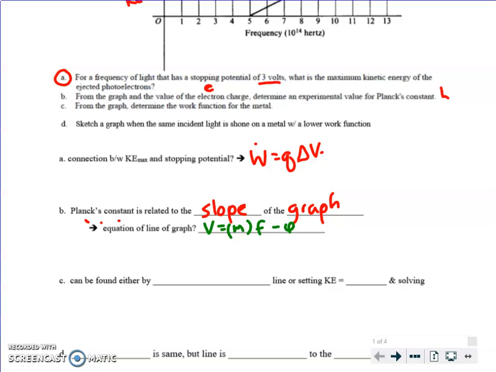So all you have to do is take this relationship and couple it with the kinetic energy equation and work out what the slope must be equivalent to.